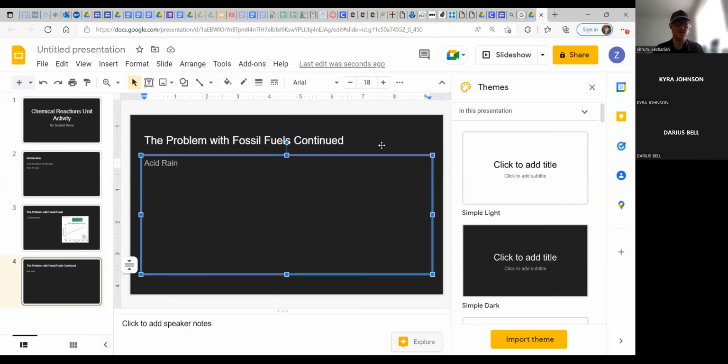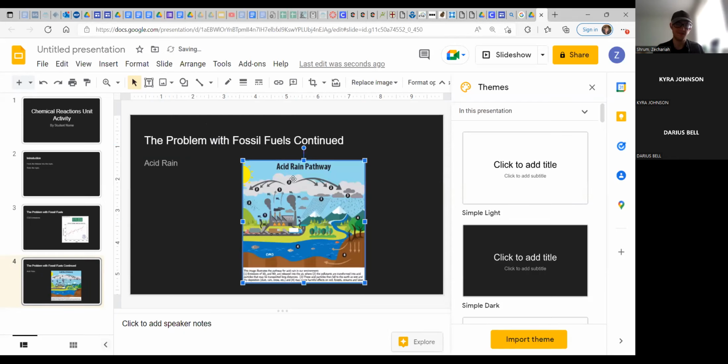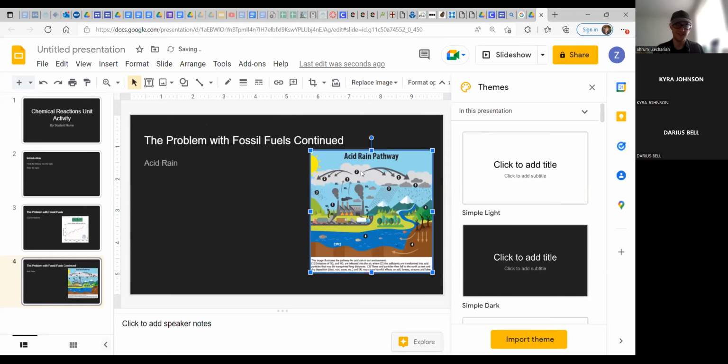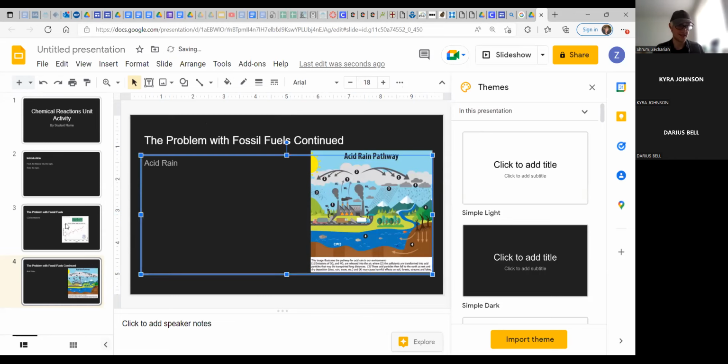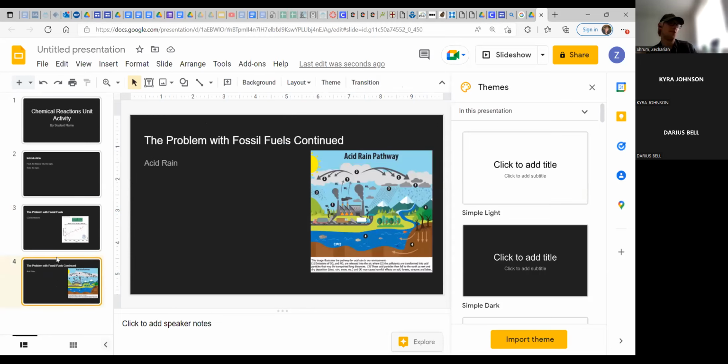You can find your own cooler pictures online and then make it more personal, give your own style, and then talk a bit more about acid rain, talk a bit more about CO2, and you already have 4 slides. So good to go.